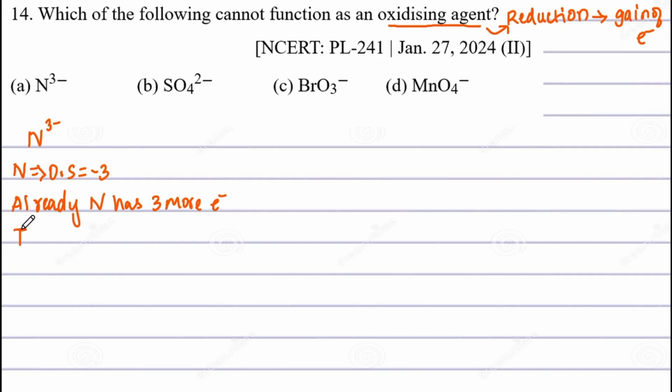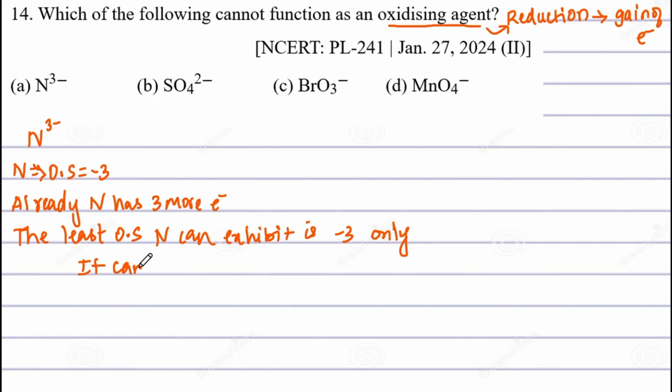So the least oxidation state nitrogen can exhibit is -3 only. Already nitrogen is present in its minimum oxidation state. Still it cannot undergo reduction. Why can it not undergo reduction? So you see the atomic number of nitrogen. Nitrogen, having the atomic number 7, has the electronic configuration 2, 5.